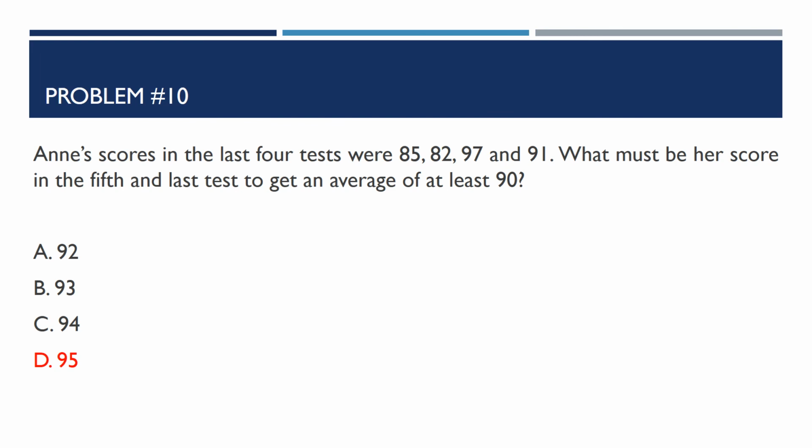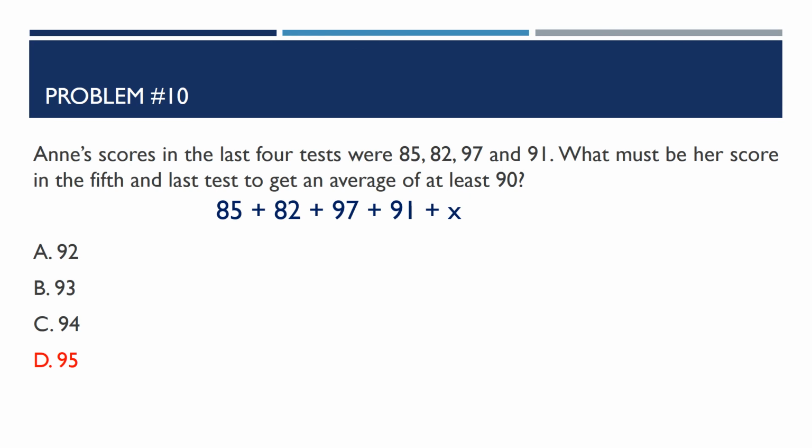So let's solve it. It's given that there are 4 scores of Anne. It's 85, 82, 97, and 91. And what must be the 5th score so that the average is at least 90? So to get the average, we get the total of the scores.